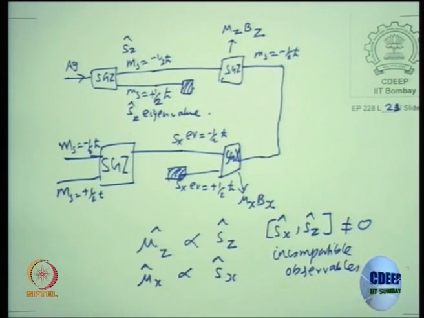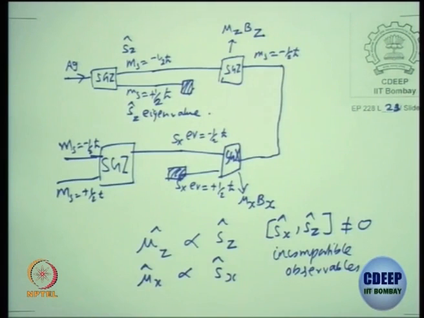Okay. So this is what we see experimentally. We have seen the theory in the last set of lectures. Now if you want to corroborate the set of lectures with the experiment, this is what we see. So Sx and Sz are incompatible. Same thing you could do as Stern-Gerlach with Y also.